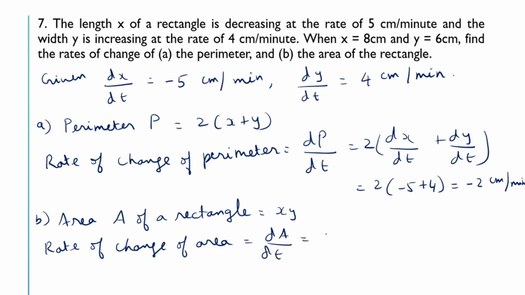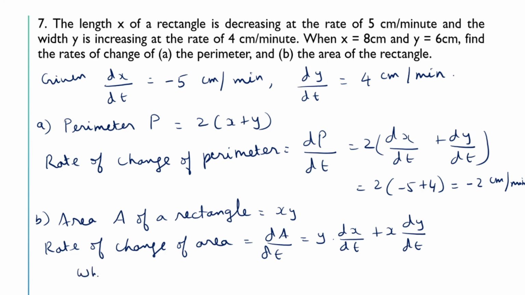This is equal to y into dx by dt plus x into dy by dt. Here they have asked when x is equal to 8 centimeter and y is equal to 6 centimeter, find the rate of change of area of rectangle.